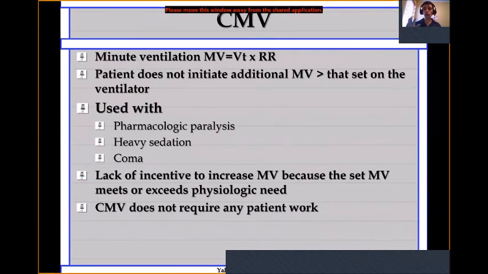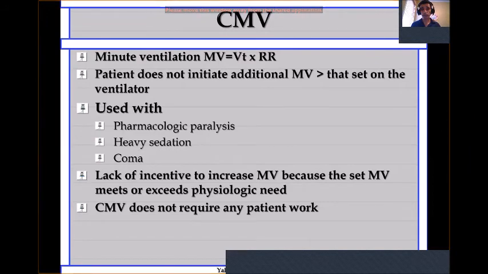Now we'll talk about each mode alone. So we have controlled mandatory ventilation. The minute ventilation in controlled mandatory ventilation is determined by the tidal volume and the respiratory rate. The patient will provide nothing.